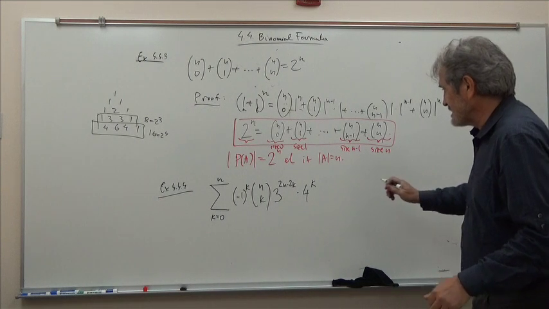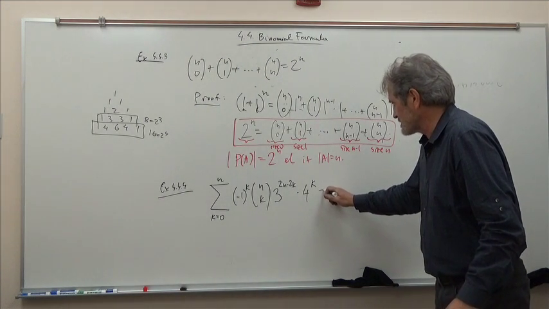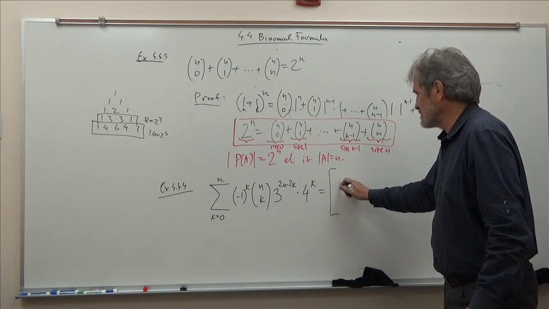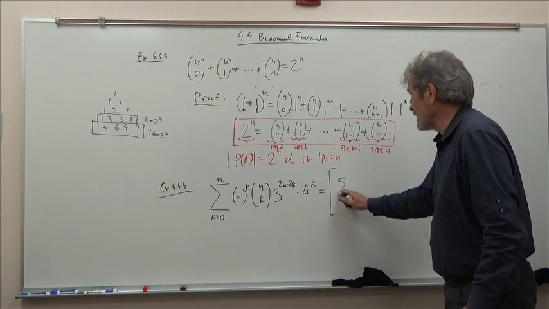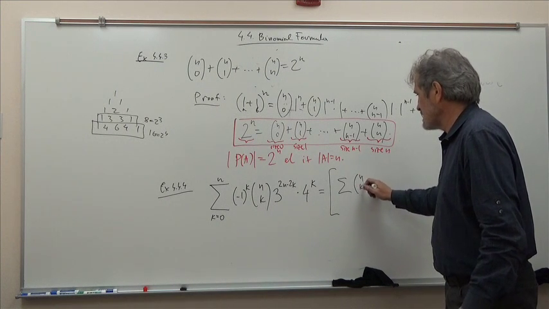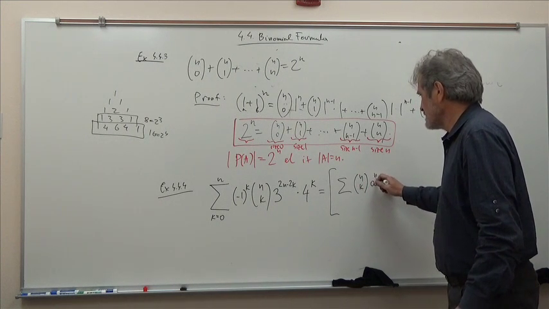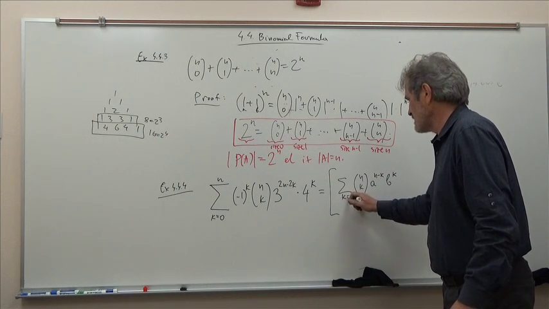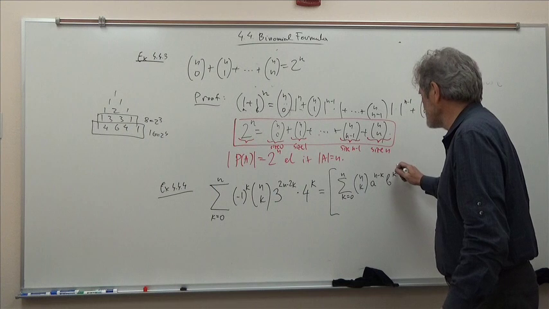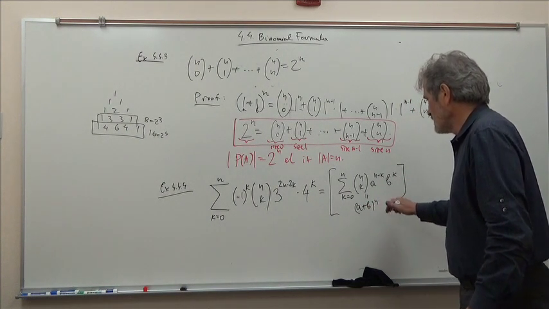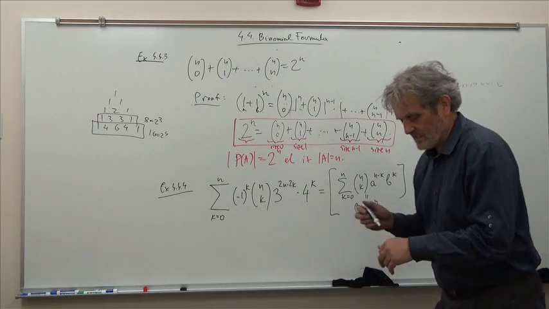Because I would like this to look like this. So here's like a comment in the programming. I'd like this to look like a sigma, like in my binomial formula, n choose k, a to the n minus k, b to the k, k goes 0 to n. This is the binomial formula for a plus b to the n. So if I wanted this to be this, let's see.